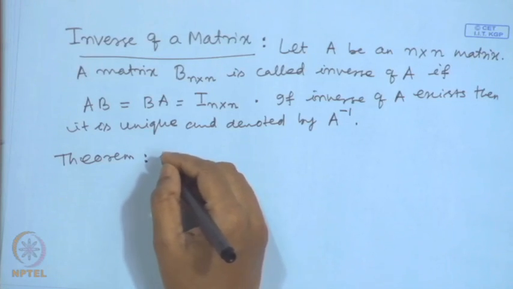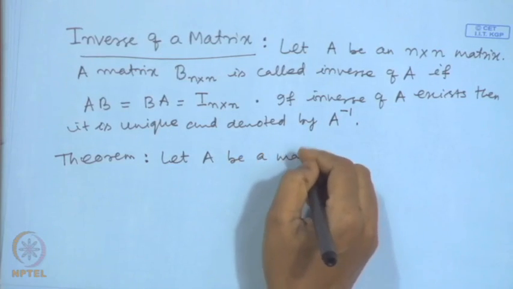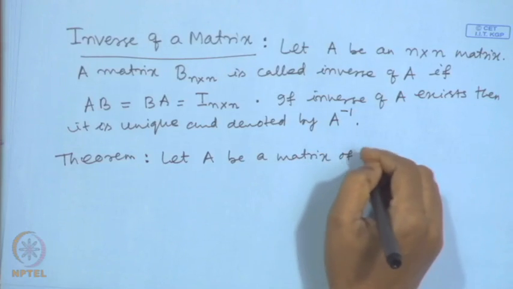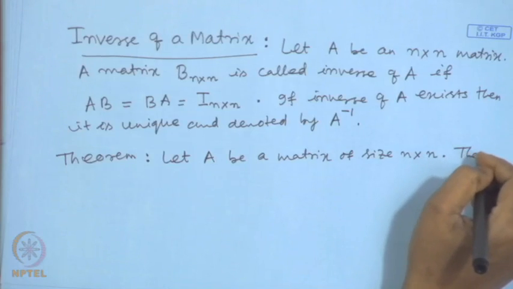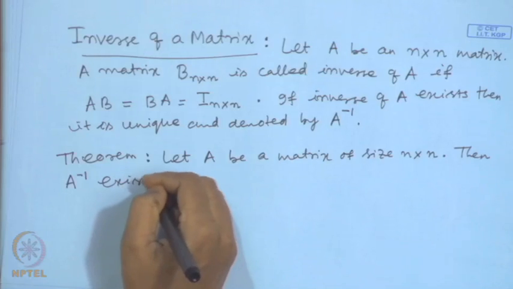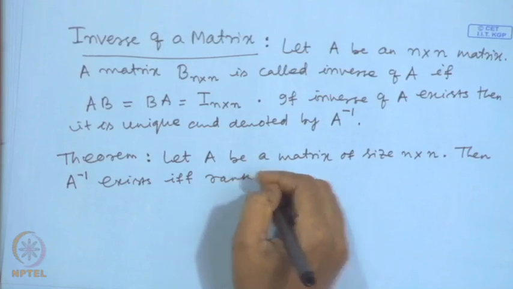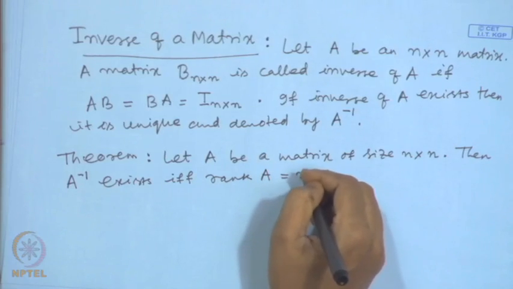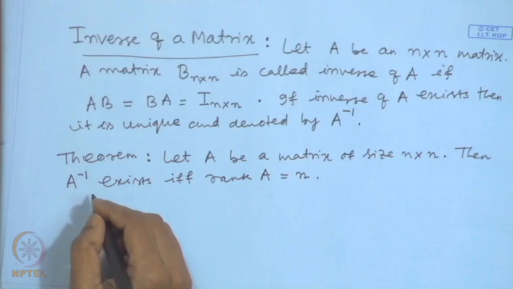So, let A be a matrix of size n by n, then A inverse exists if and only if A is of full rank, or in other words, the rank of A is equal to n. So, this gives a necessary and sufficient condition for the existence of the inverse of a matrix.